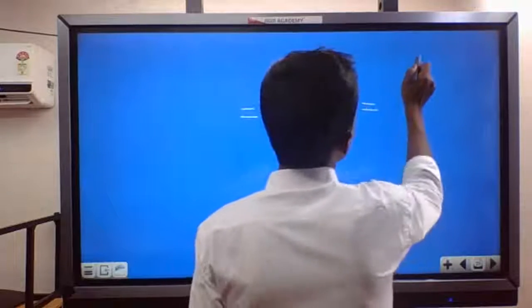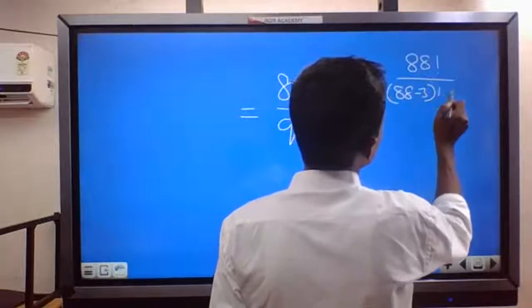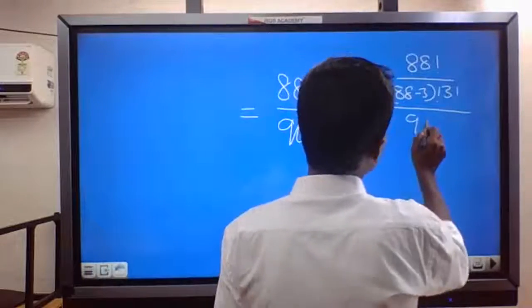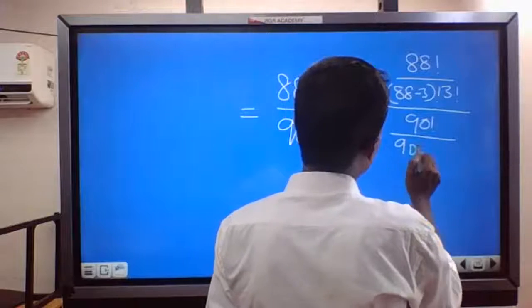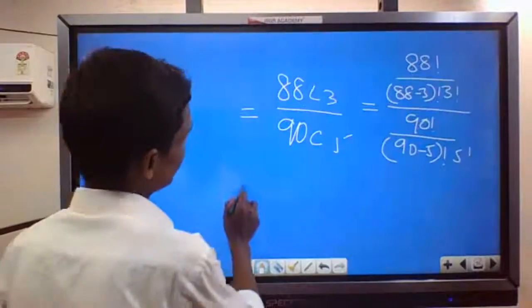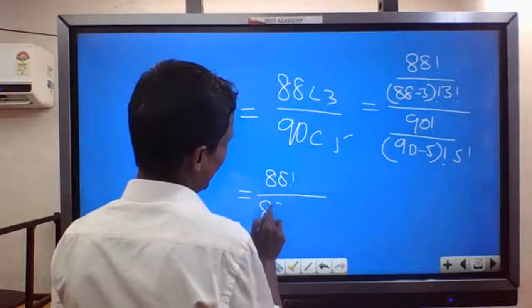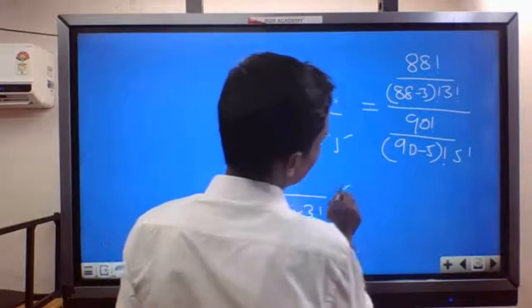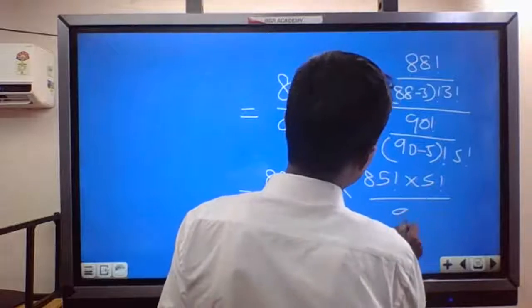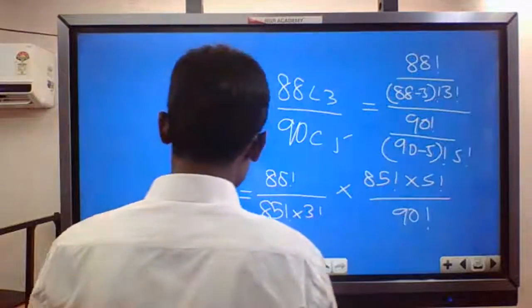And 90 C5 is 90 factorial divided by (90 minus 5) factorial into 5 factorial. Then what is the correct answer here?